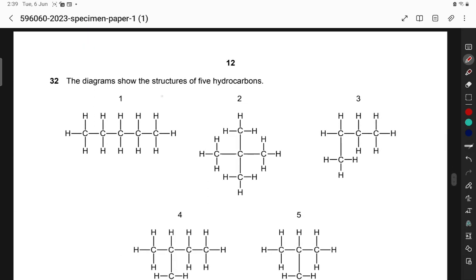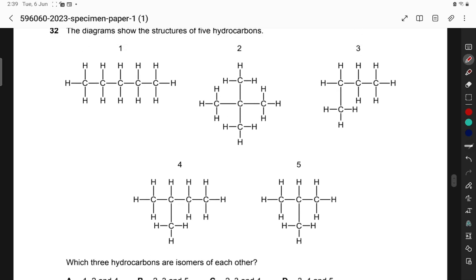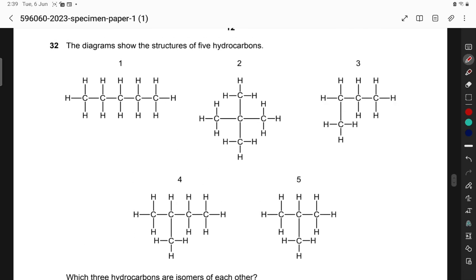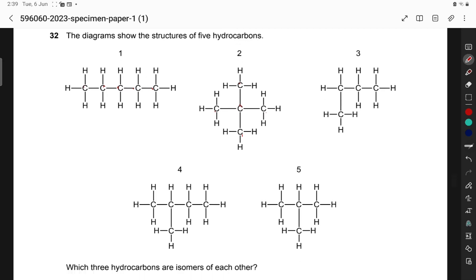The diagram shows the structure of 5 hydrocarbons. Which 3 hydrocarbons are isomers of each other?